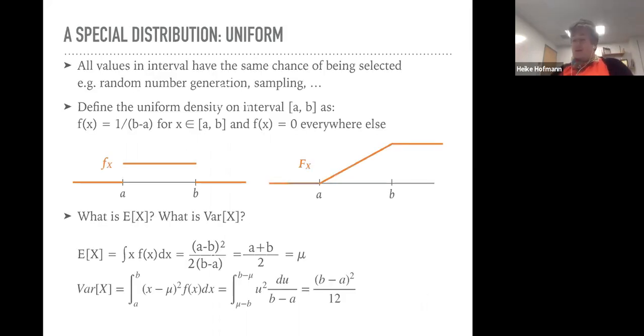So let's do a very special case, but a case that we've been talking about already for a little bit: a uniform distribution. So if we're thinking of any values in an interval, let's say we've got an interval of a to b, and we're picking any number with equal chance, then this is the definition of a uniform random variable or a uniform density.